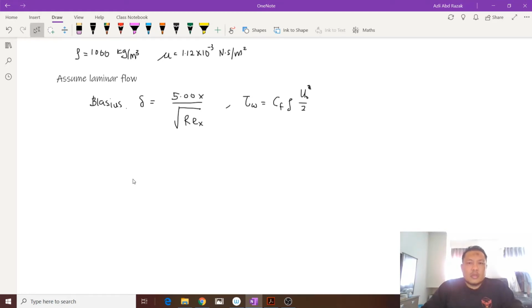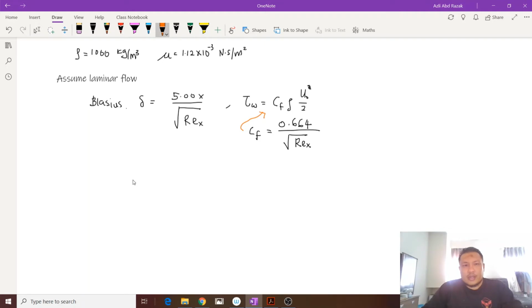Then the Cf from the Blasius solution is given by 0.664 divided by the square root of Re_x. So now I substitute this into this equation.